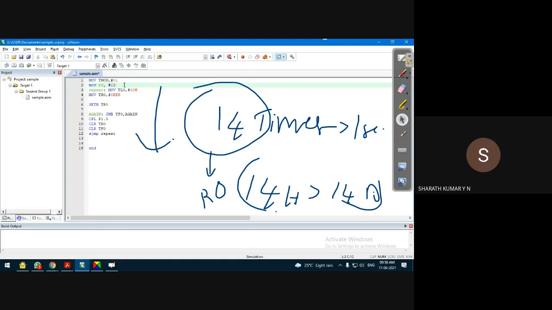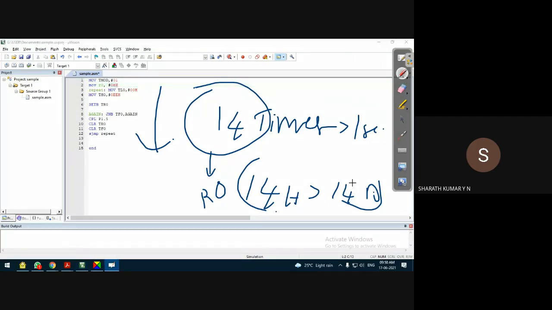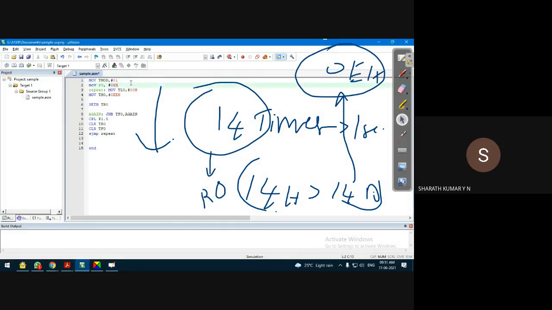If you want to represent in hexadecimal, you can write it as 0EH, because 14 decimal equivalent in hexadecimal is 0EH. You can use any method. Let us use 14. Internally it will convert into 0EH. The compiler will take care of that.